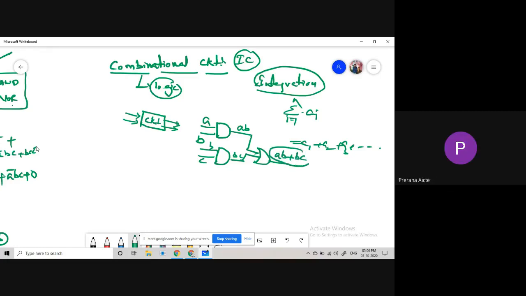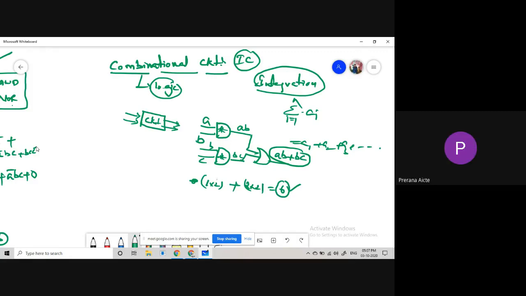Similarly, if I take this one as a multiplier and this one as a multiplier: 1 into 2 plus 2 into 2. What is the value of this? 6. Within a fraction of a second we get this result by using a calculator, right?